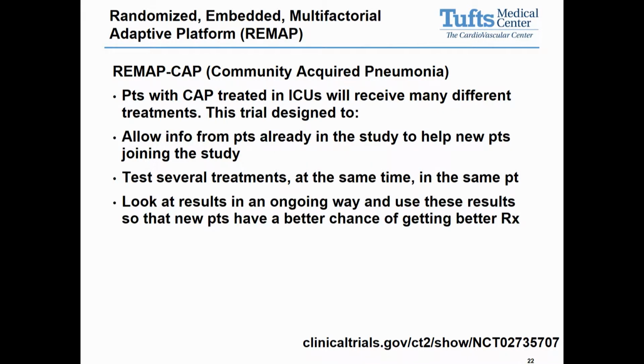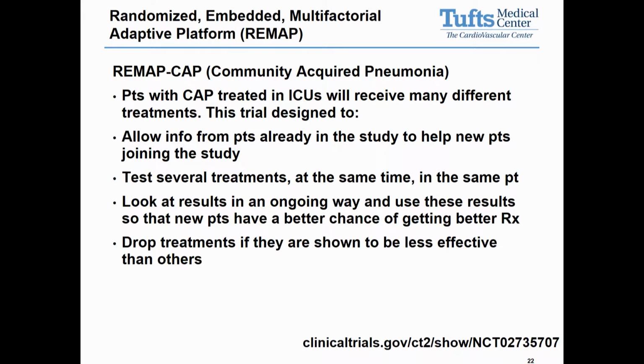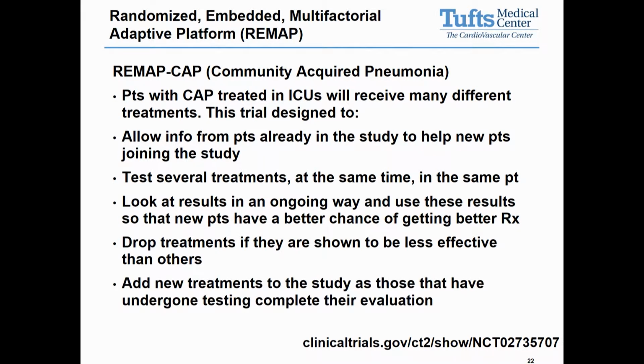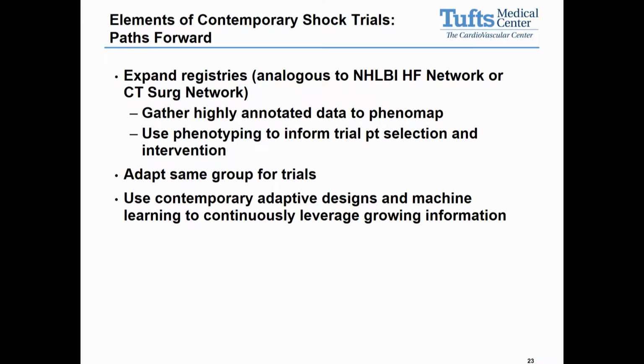And look at the results in an ongoing way, and let the results inform you about how to continue the trial. Drop treatments if they're not effective. You could do this with devices in shock trials, and add new treatments to those that have undergone testing to complete the evaluation. So you can use these techniques in these very challenging clinical syndromes to just study patients and interventions in the most efficient way possible.